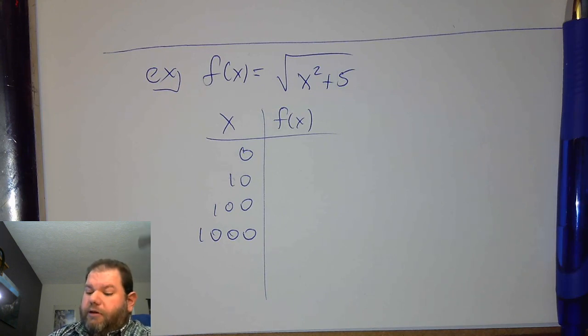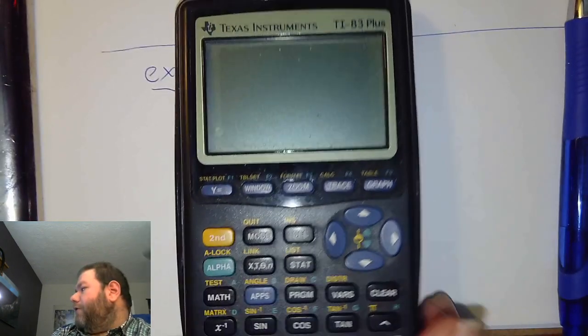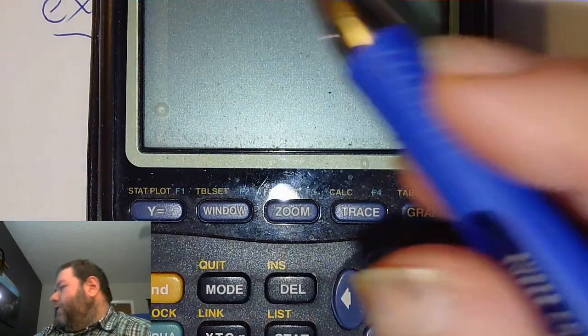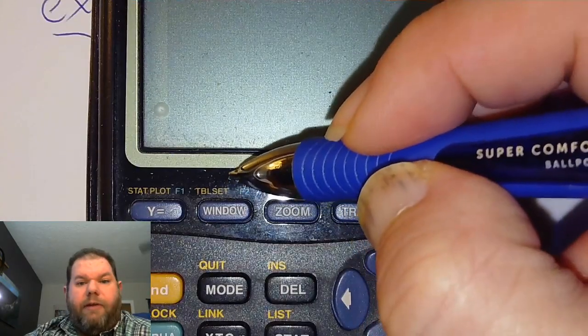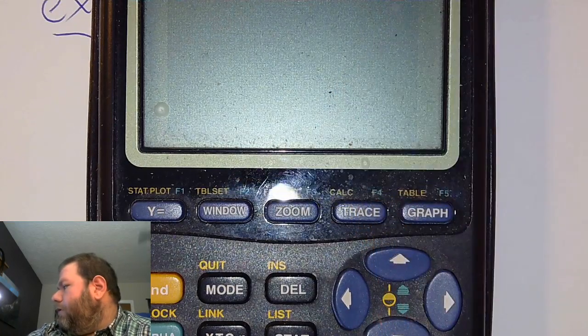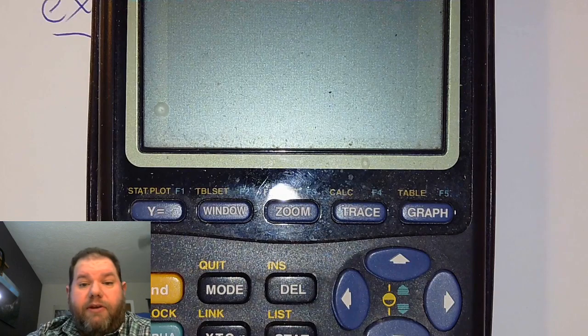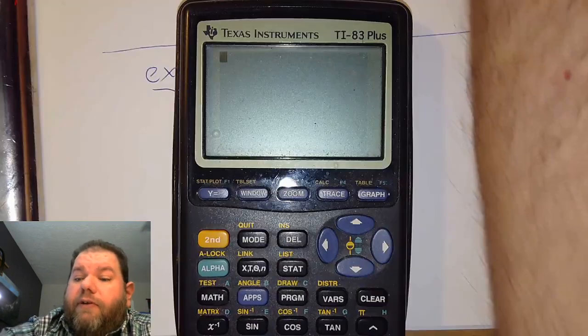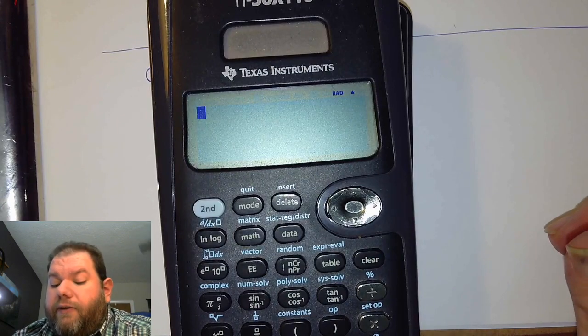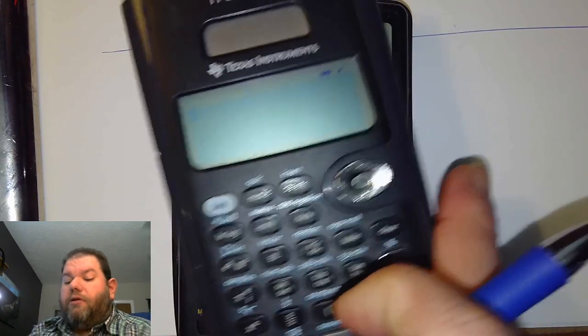Well, at least on my graphing calculator, that's a feature. As you can see, right here it says table set. Okay. That's not something we tend to have in a lot of our other calculators, so I don't know about the necessity of that. I don't see it as an option on this one at all.